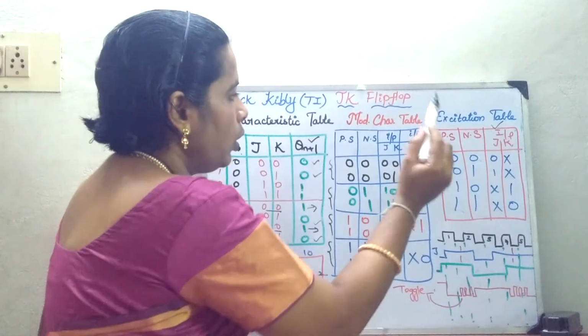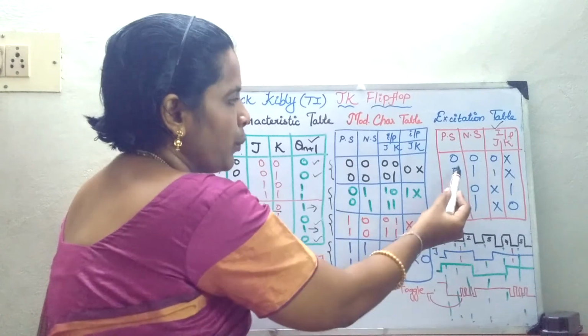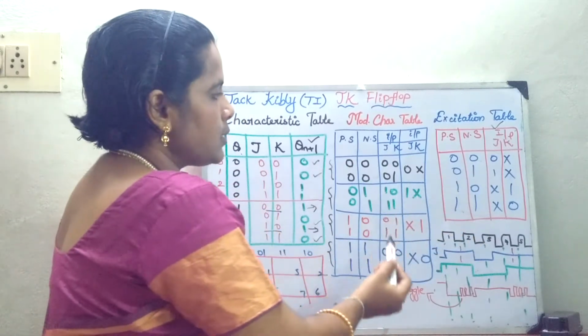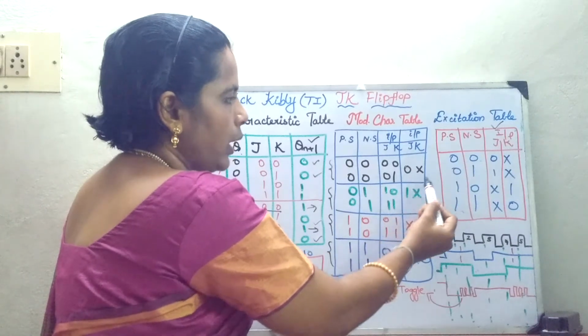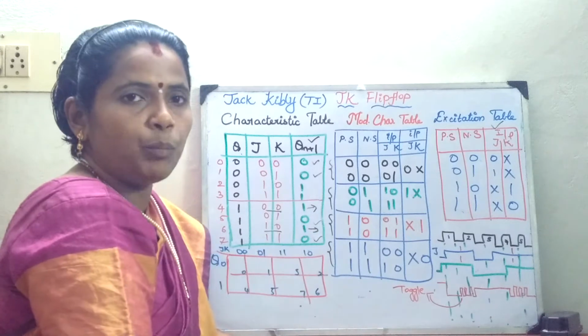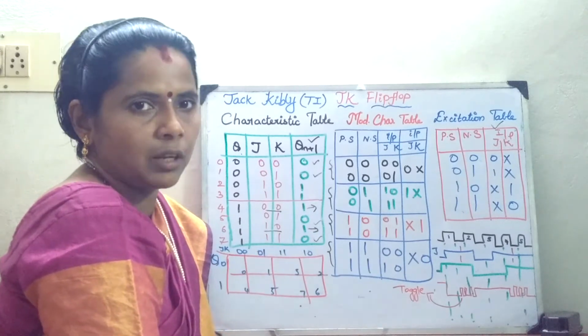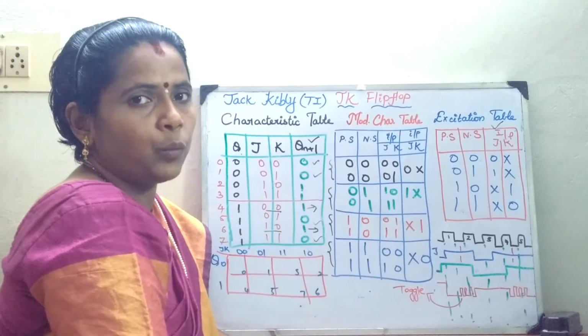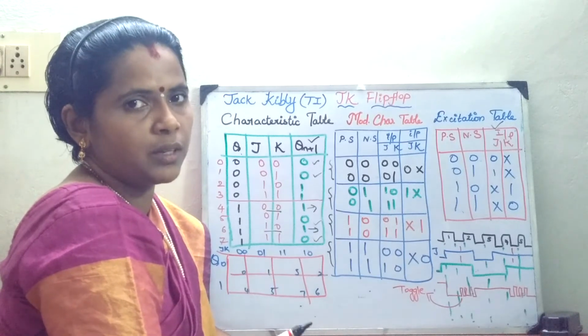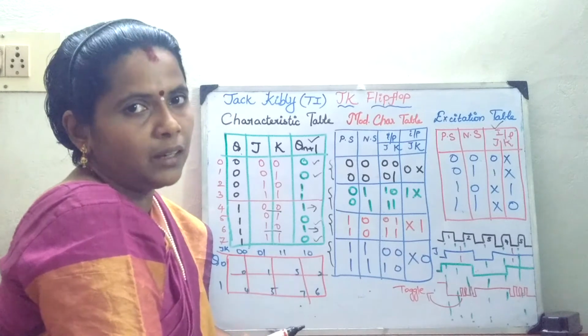So, I am writing all the 4 combinations 0 0, 0 1, 1 0 and 1 1, and this condition I am going to write here: 0x, 1x, x1 and x0. So, this completes your excitation table. The students are advised to remember the truth table and the excitation table because they will be useful for designing the counters.